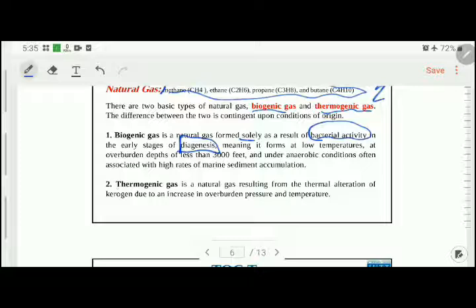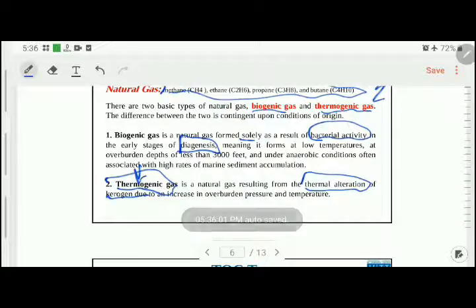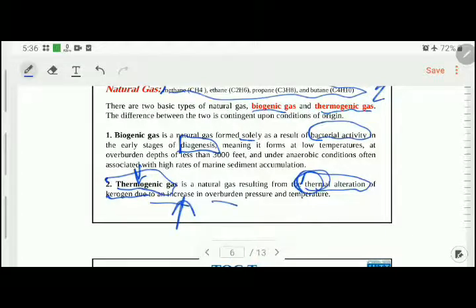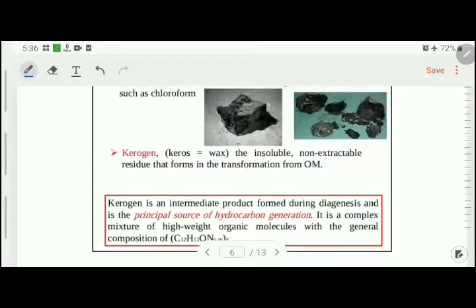Also we have the thermogenic gas, which is natural gas resulting from the thermal alteration of kerogen. It's thermogenic, that means it comes from the thermal alteration of kerogen, caused by the increasing of what? The overburden pressure and temperature.